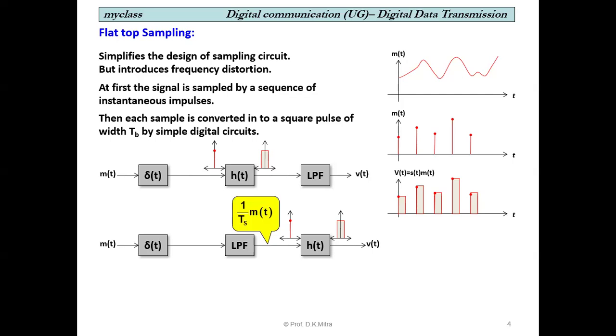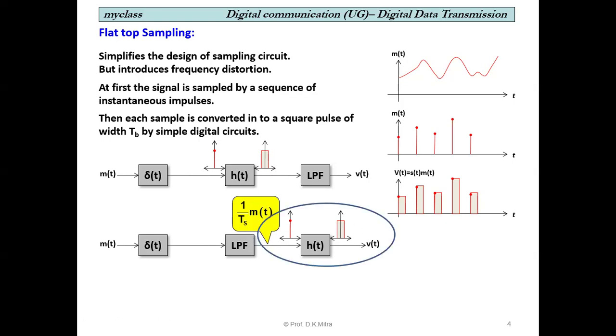Now, input to HT is 1 by Ts MT that we have seen in our mathematical representation. You can forget 1 by Ts, any scalar multiplied by MT, but it's a narrow pulse measurement, which will be converted to a wider pulse.